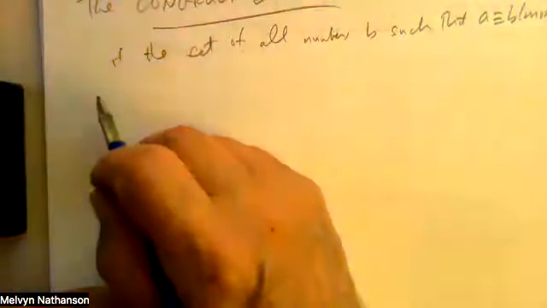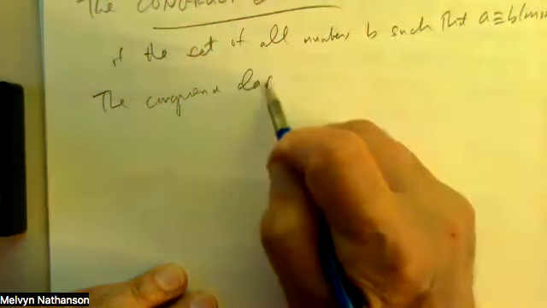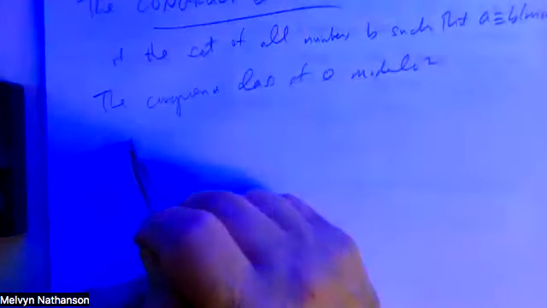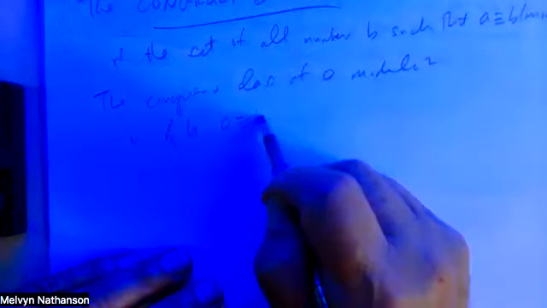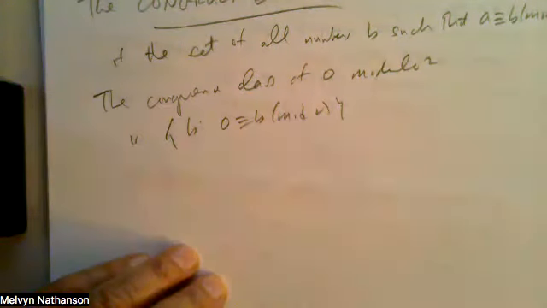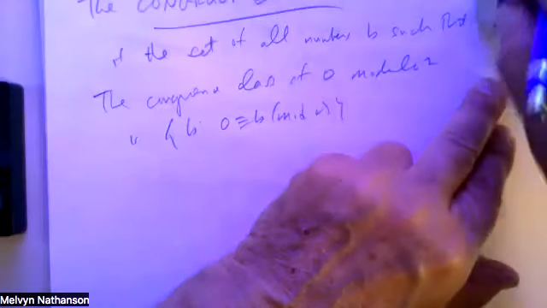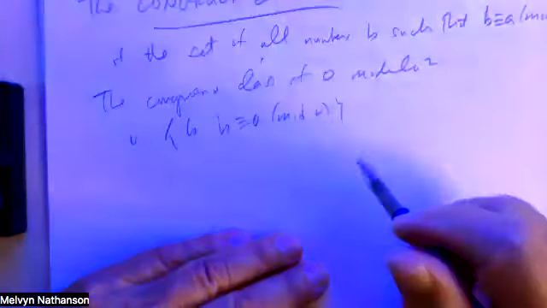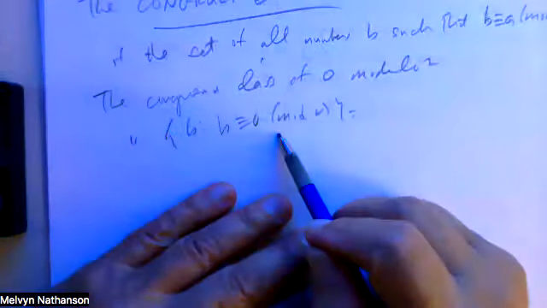So for example, the congruence class of 0 modulo 2 is the set of all numbers B such that 0 is congruent to B mod 2. Let me actually write it. A congruent to B is the same as B congruent to A. So it's all numbers B such that B is congruent to 0 mod 2.